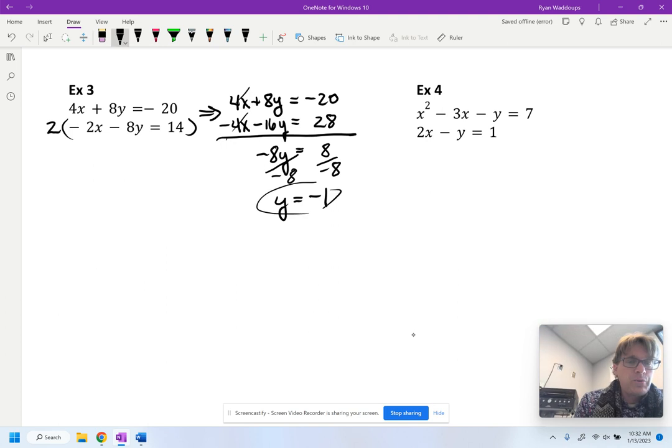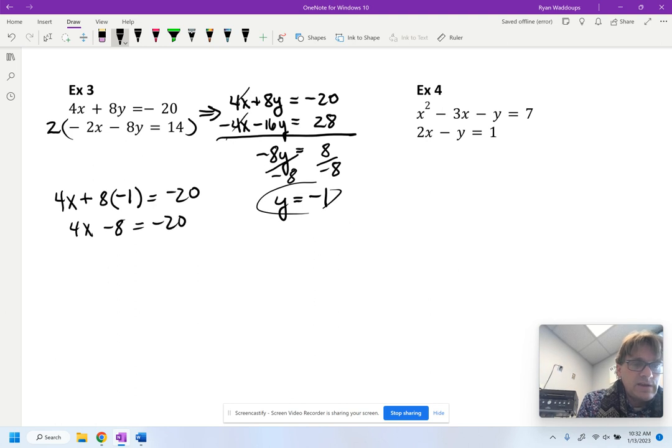Then we just go back and put it into one of these equations. I'll choose the top one. 4x plus 8 times y, and y is negative 1, equals negative 20. 4x minus 8 equals negative 20.